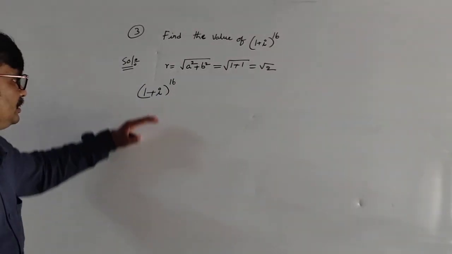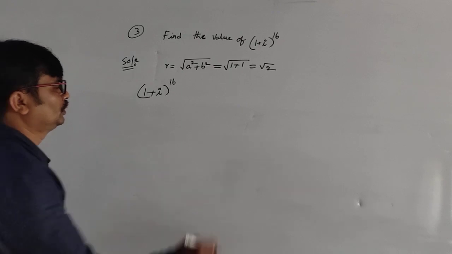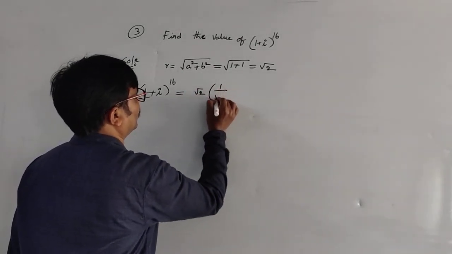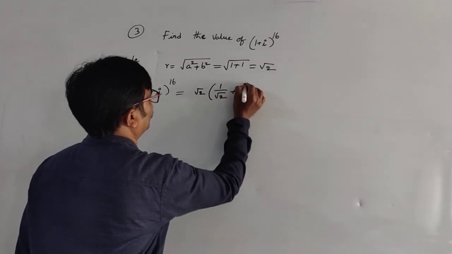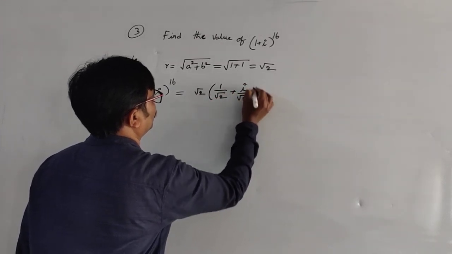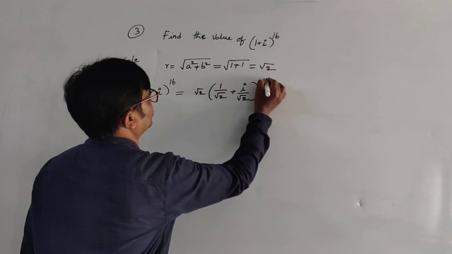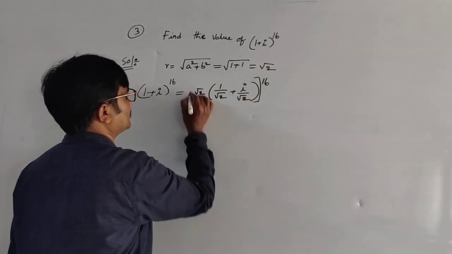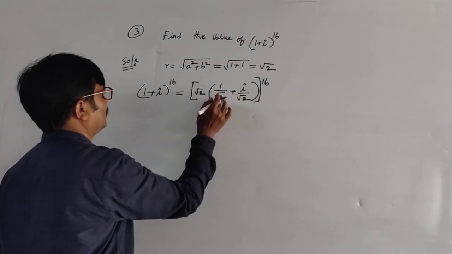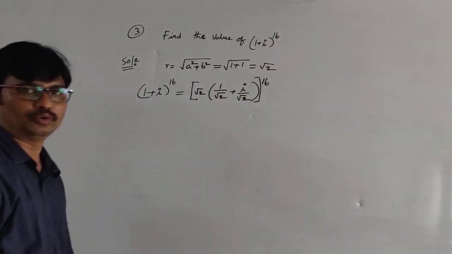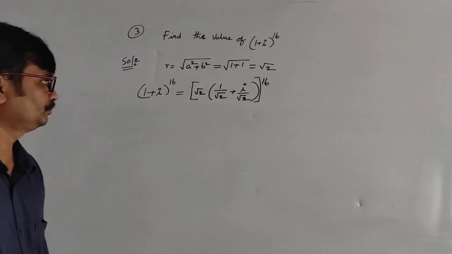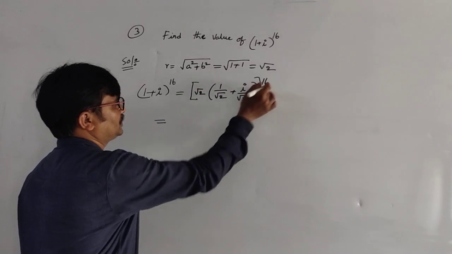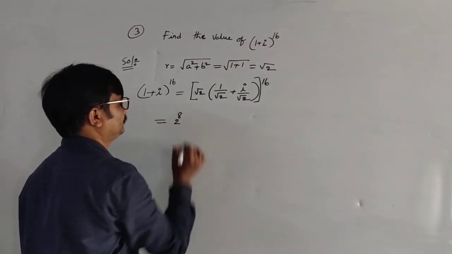First we write this in the polar form. So students, this is root 2 into 1 upon root 2 plus I by root 2, whole power 16. Root 2 whole power 16 is 2 power 8, since 16 by 2 is 8.